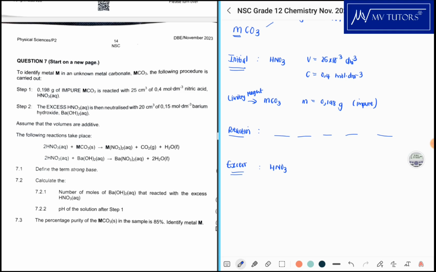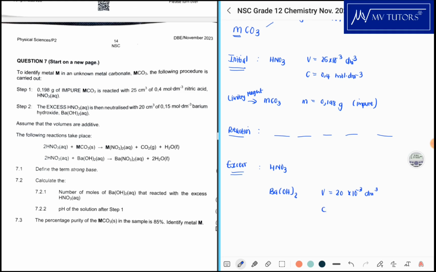They tell us, actually we don't know anything about that nitric acid, but we do know that this nitric acid, this strong acid, reacted with a strong base, which is barium hydroxide. Remember, hydroxide has a charge of -1, so that's why we have two of them. And for this barium hydroxide, we know that the volume is 20 cubic centimeters, which will be 20 times 10 to the negative 3 cubic decimeters.